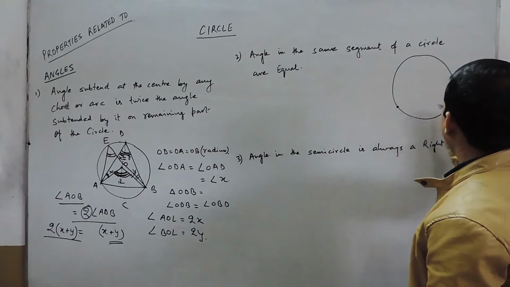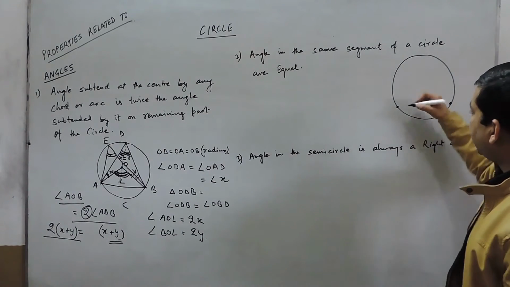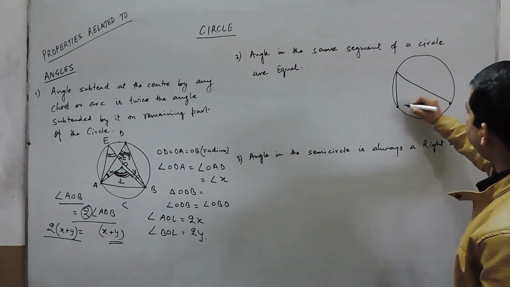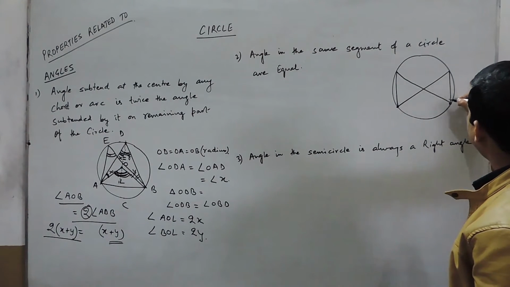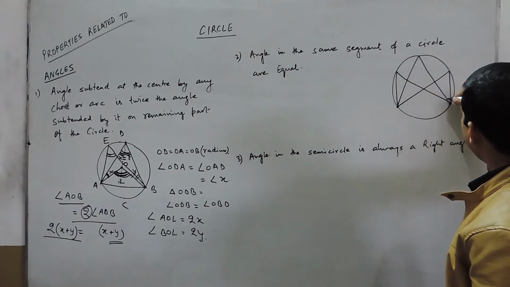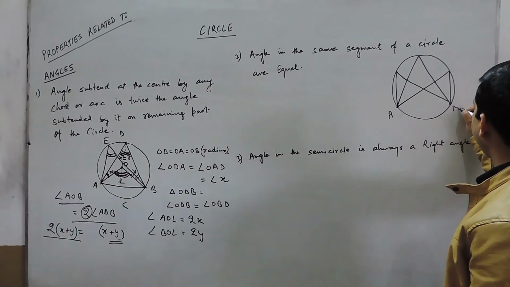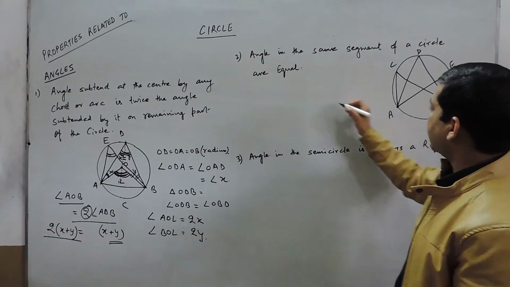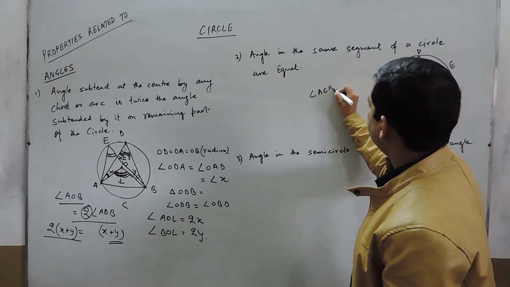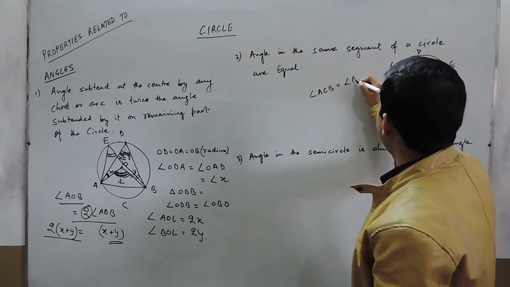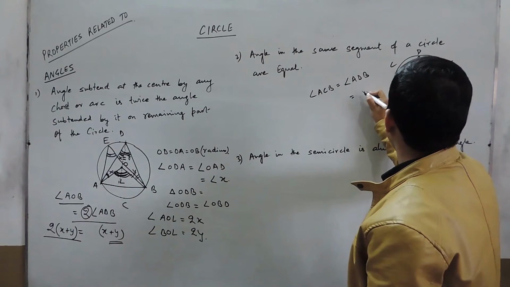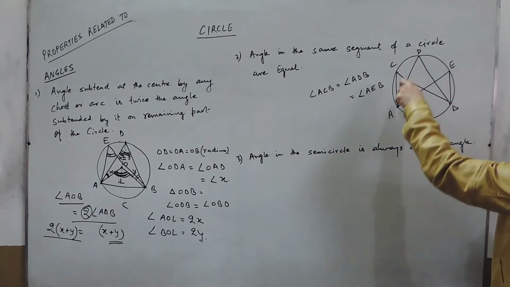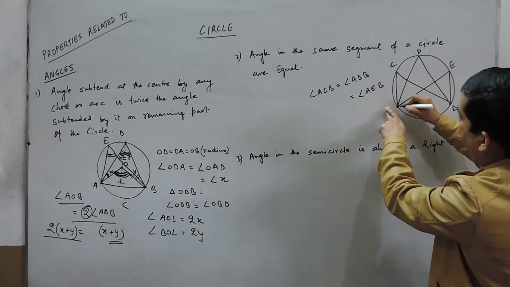So for points A and B and points C, D and E, angle ACB is equal to angle ADB is equal to angle AEB. All these angles must be equal because they are in the same segment.